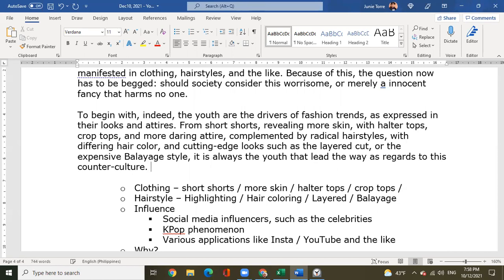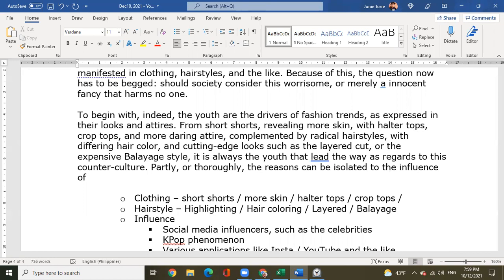And then partly or thoroughly, the reasons can be isolated to the influence of social media and the pull of celebrity and various influencers there.